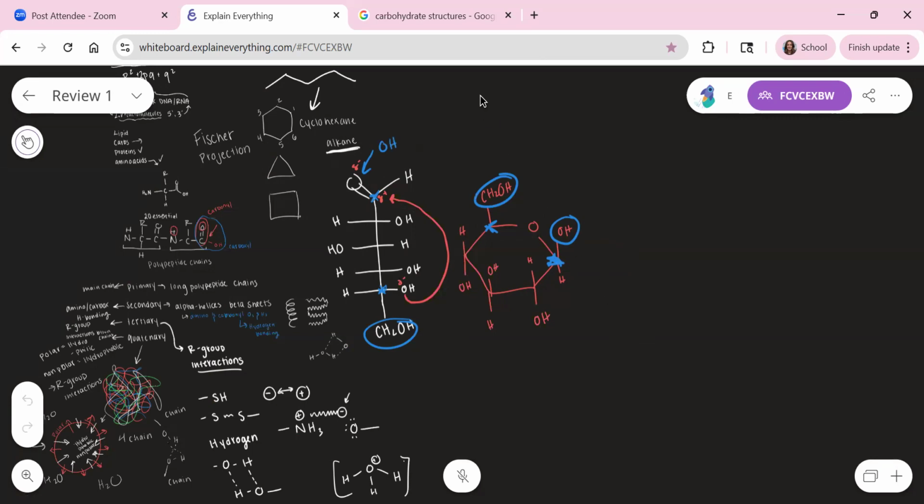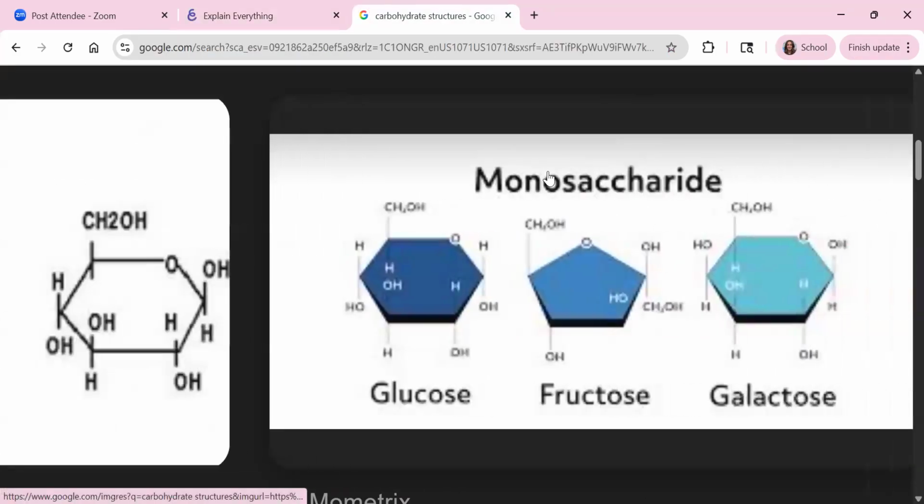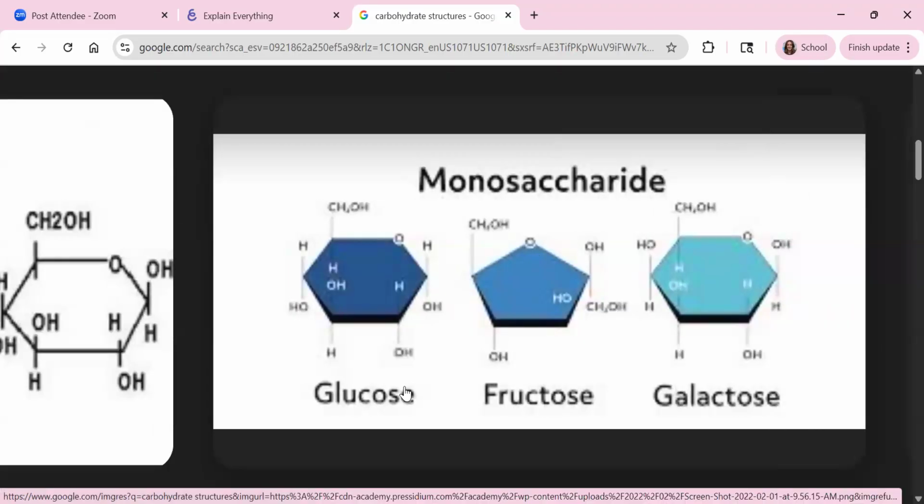Okay. Something else I want to go over is monosaccharides. This is glucose and this is galactose, and basically they're almost the same thing. The only difference is this right here. See how they're flipped? Or I guess we have one right here too.